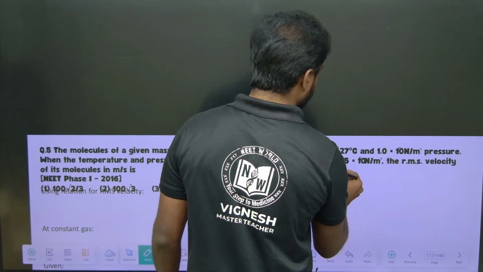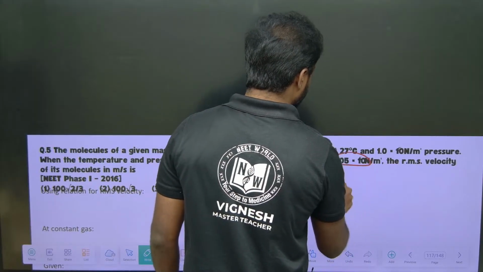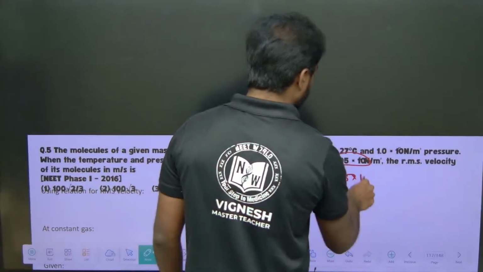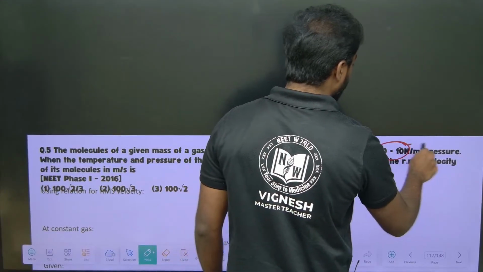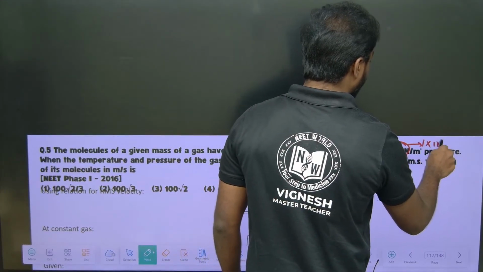This is 0.05 into 10 power 5 and this is 1 into 10 power 5, got it.